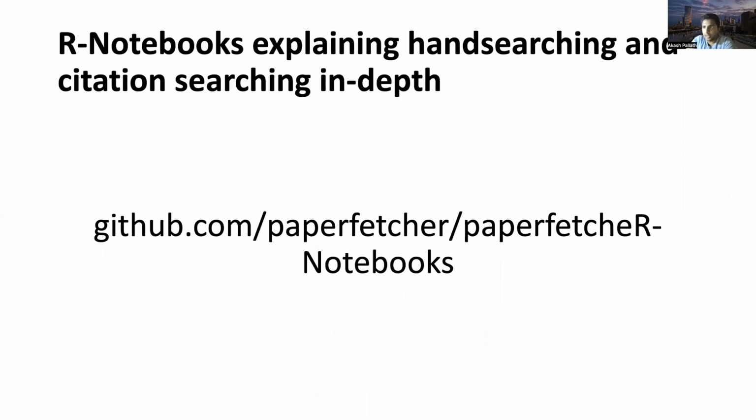And if you're interested in learning more and also in understanding how this hand searching and citation searching code works, we've got some R notebooks that explain the different steps and the different segments of code in depth. These are interactive notebooks. You can play around with these, get more comfortable with using Paperfetcher.